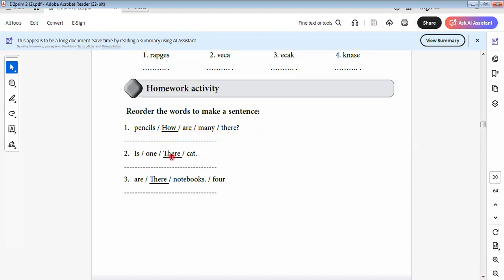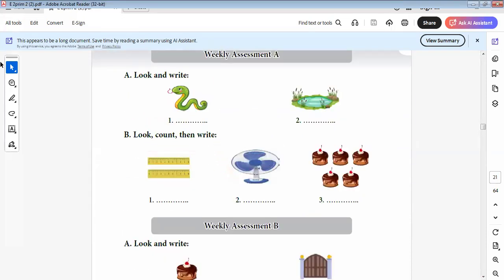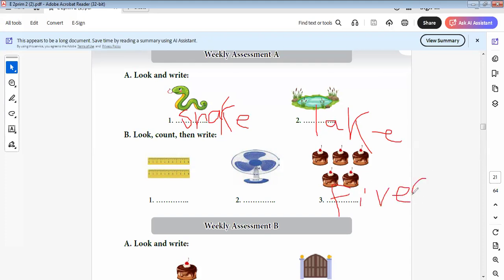The next one. There is one cake. Let's go to another one. Here, what do I write? Snack. It will be here, snack. There is lake. I say here 5 cakes.